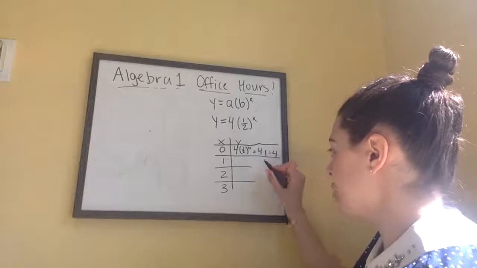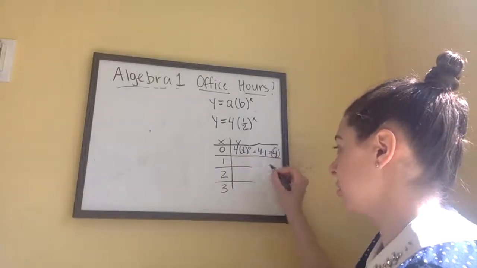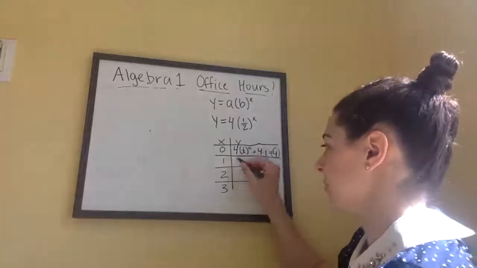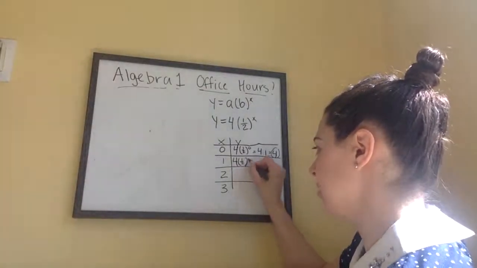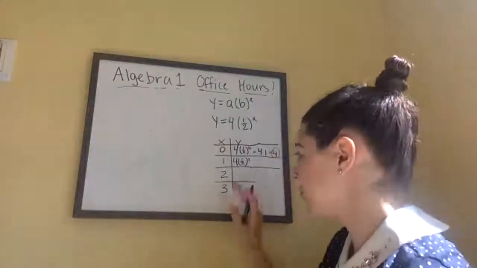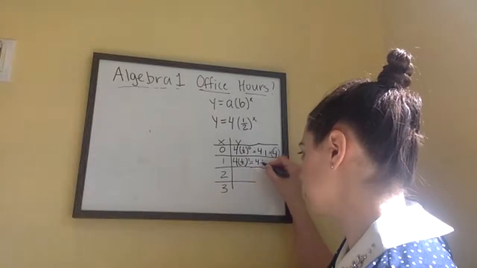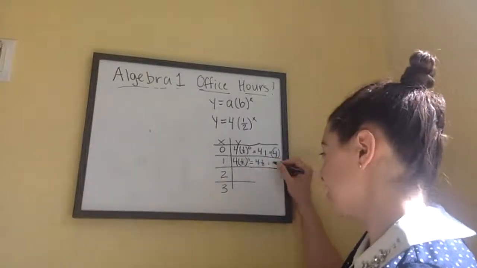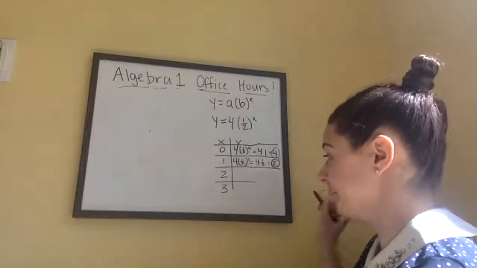So I know that I have a coordinate point at 0, 4. If I do the same thing with the next one, 4 times 1/2 to the 1, anything raised to the first power is just itself. So 4 times 1/2, which equals 2. So my next coordinate point is going to be 1, 2.